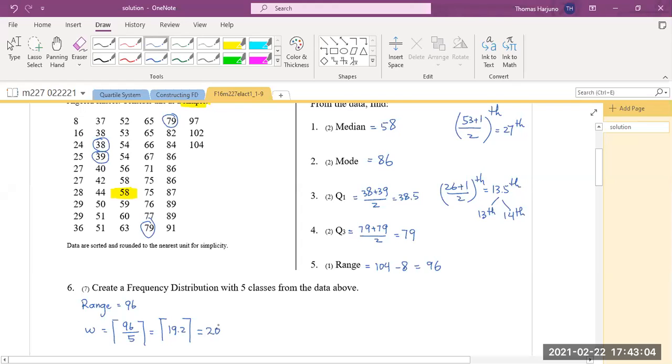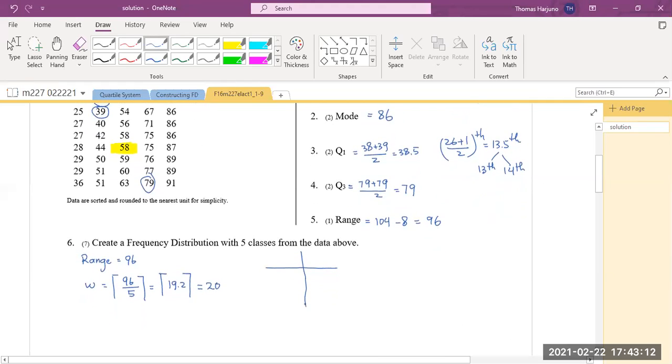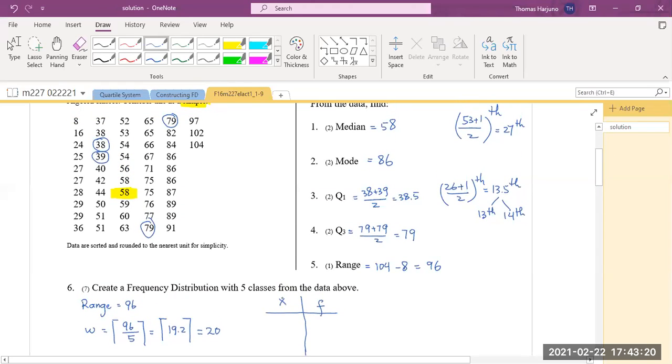It gives us 20. So the class width will be 20. X here, the frequency here. The minimum is 8. So that will be the lower class limit of the first class.